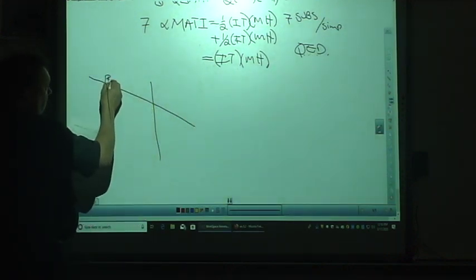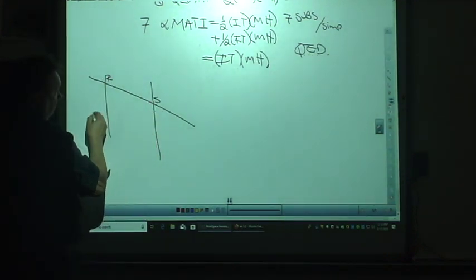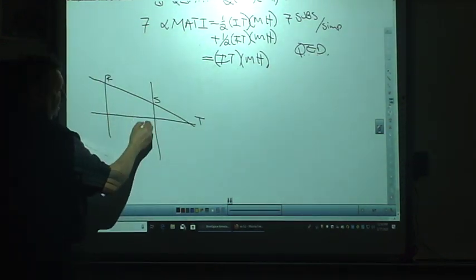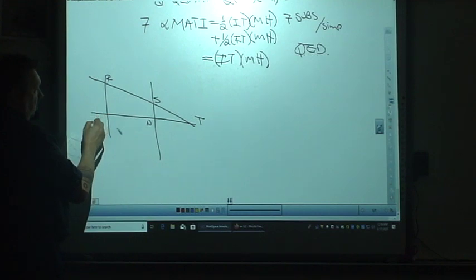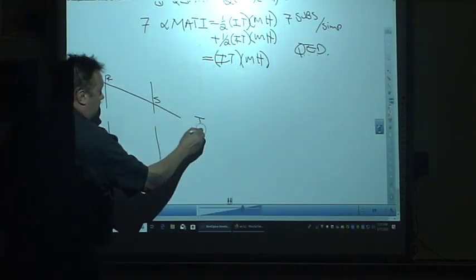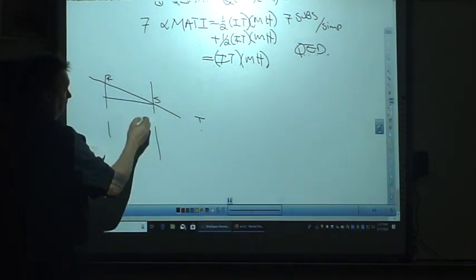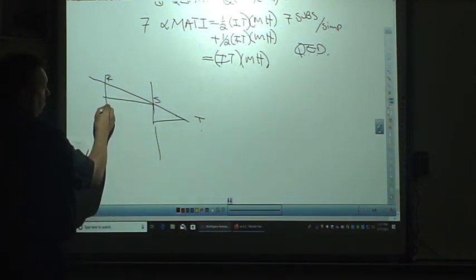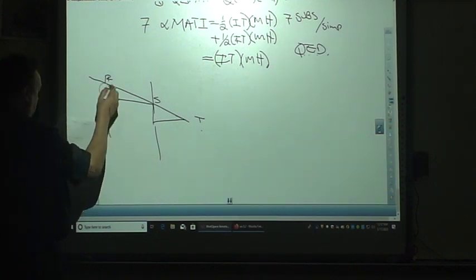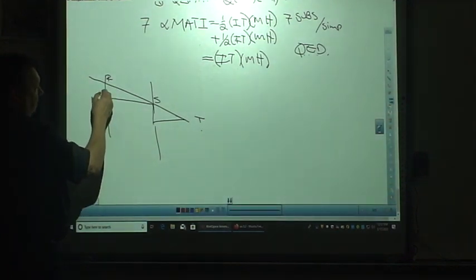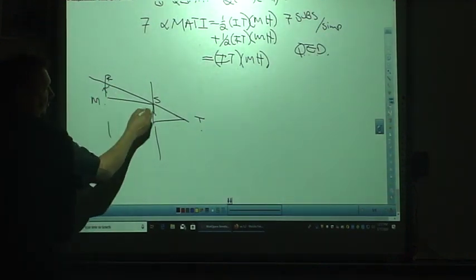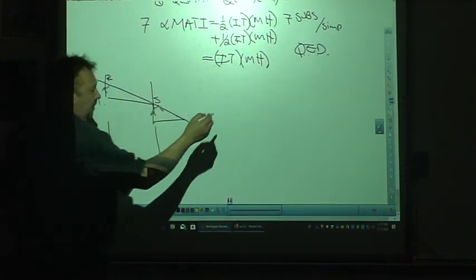This is point R, this is S, this is T, although the drawing doesn't look like the one we have, but it'll work. And this is F. So these are parallel, which means these angles are corresponding. Whenever we think of parallel, we think of corresponding.